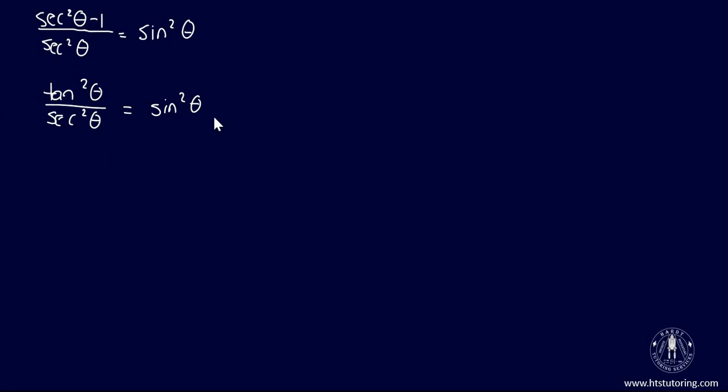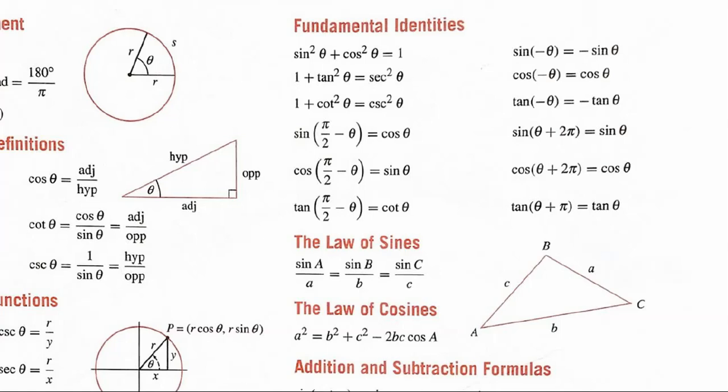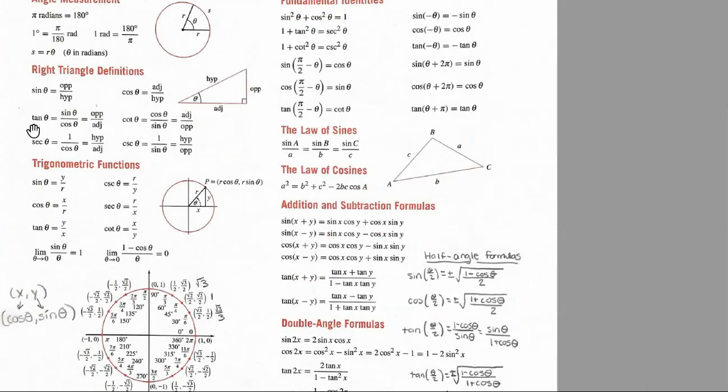Now I'm going to change to sines and cosines, because I've got a sine over here and I don't have any sines here, so I need to change this to be sines. Tangent, if we go back and look at our equation sheet, is equal to sine over cosine.